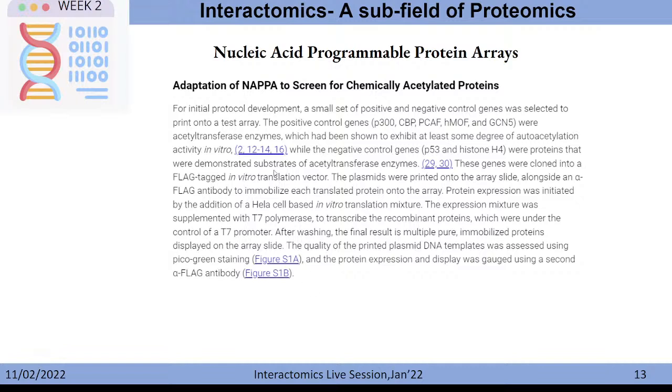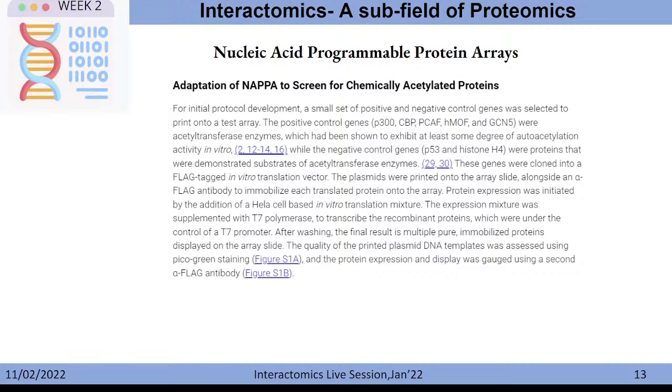But the important concept of NAPA used here is that plasmids were printed onto the array slide with the purified DNA along with the FLAG tag, so that it can be immobilized with your FLAG antibody, and then your HeLa cell-based lysate gives you the in vitro translation mixture. Then this expression mixture was supplemented with T7 polymerase, which helps transcribe the recombinant proteins that were under the control of a T7 promoter.